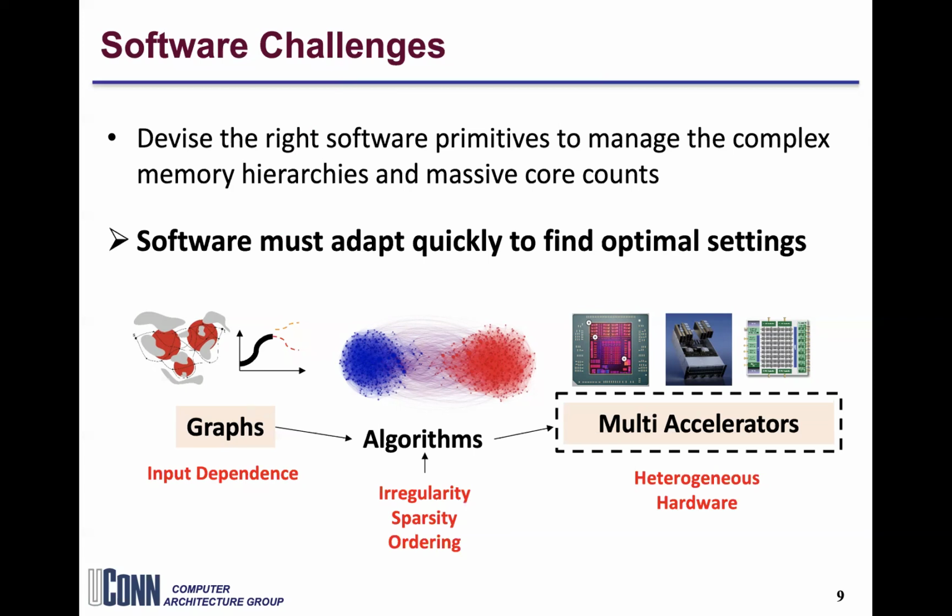The algorithms bring about irregularity, sparsity, ordering requirements. So software that is operating on these highly input-dependent paradigms has to very quickly adapt to your optimal settings. And the optimal settings are within the hardware, and even the accelerators started exploding in terms of GPUs and CPUs. And we wanted to see what type of software ideas we can explore.